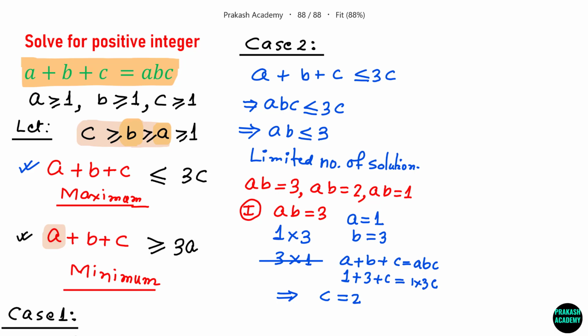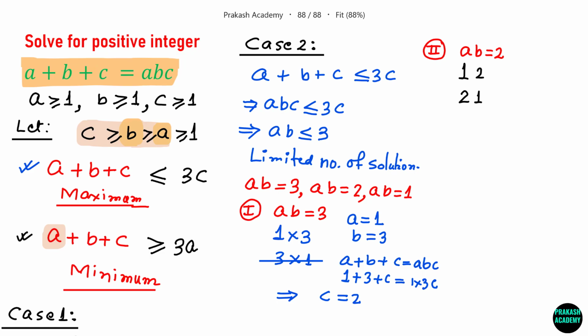Now let us discuss the next case, that is the multiplication is 2, that is A times B equals 2. Now again there are two possibilities. This can be 1 and this can be 2, or this can be 2 and this can be 1.